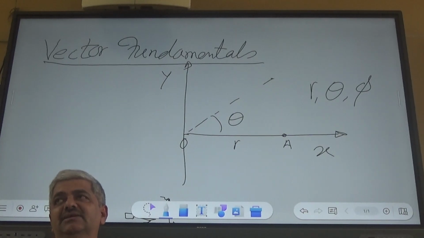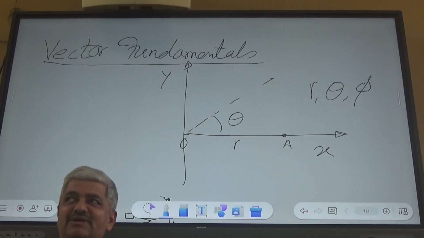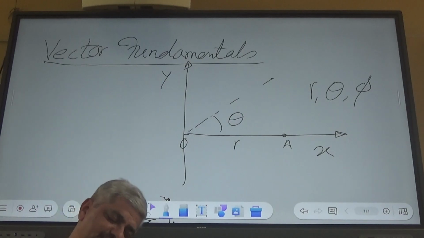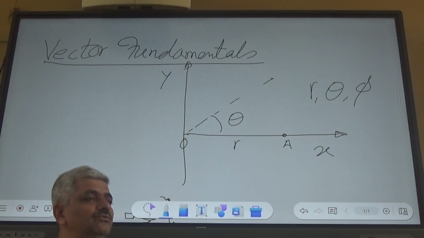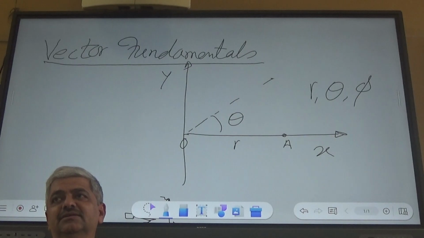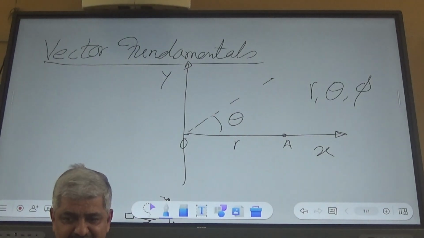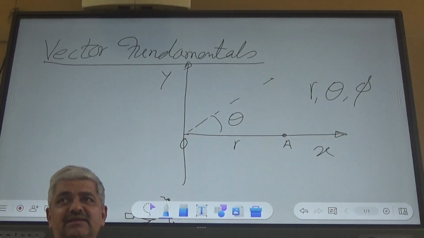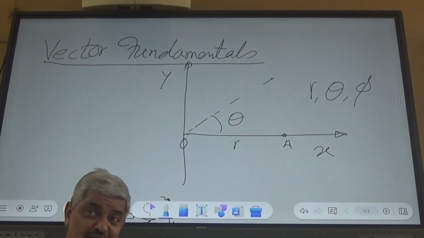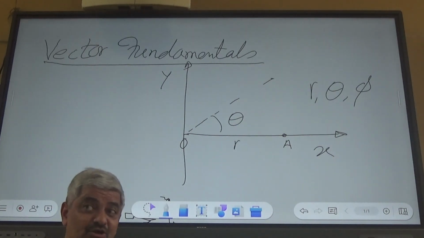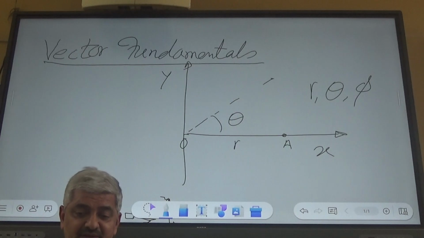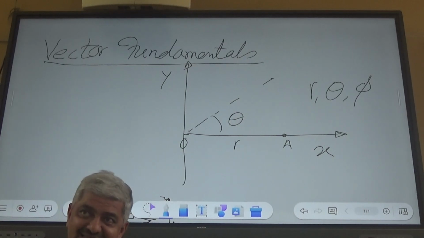The numbers can be positive and negative. So only one number is a scalar, A; then A comma B is a vector. It's an ordered combination: B comma A is different from A comma B. A comma B comma C is a three-dimensional vector.